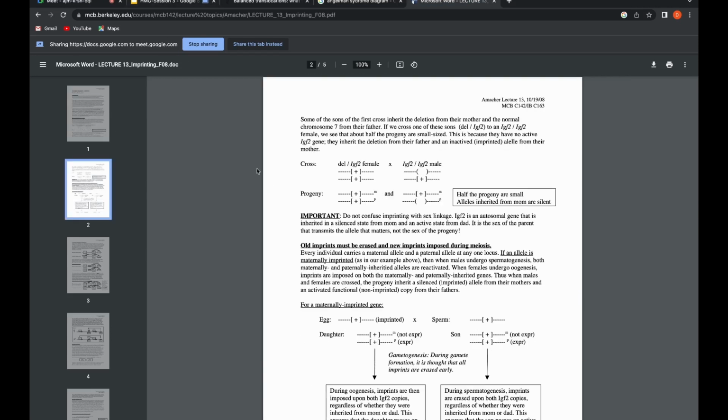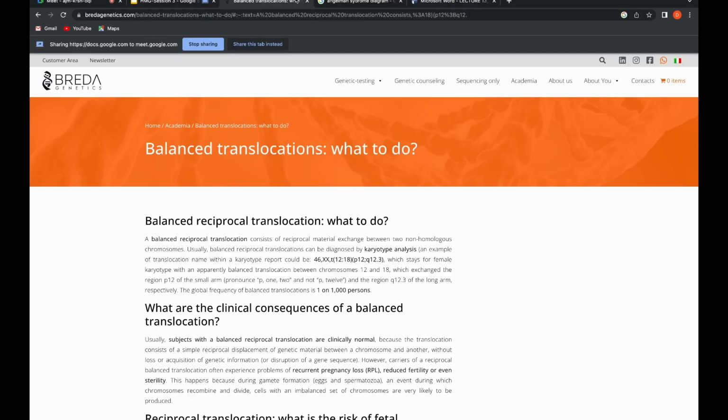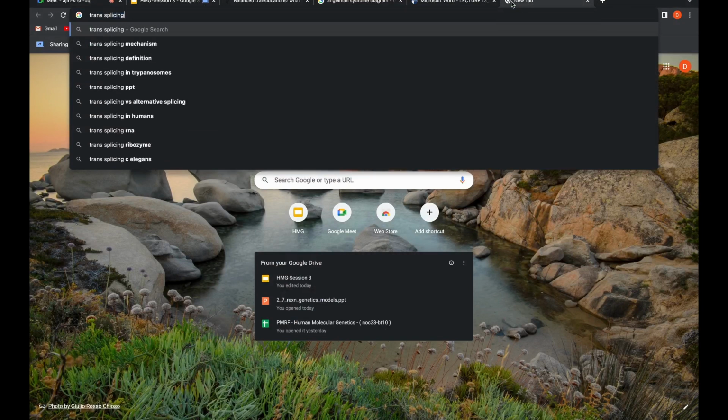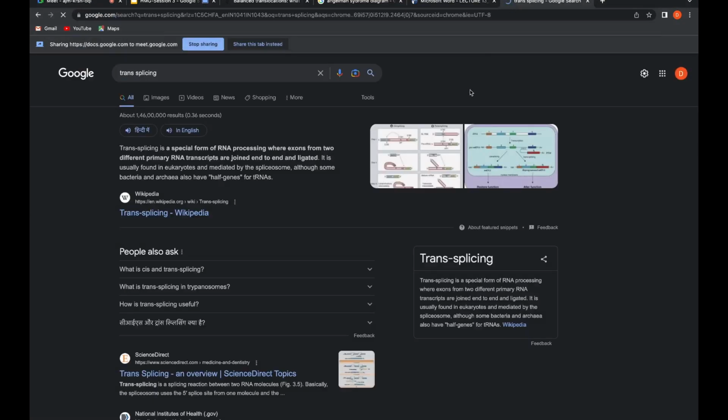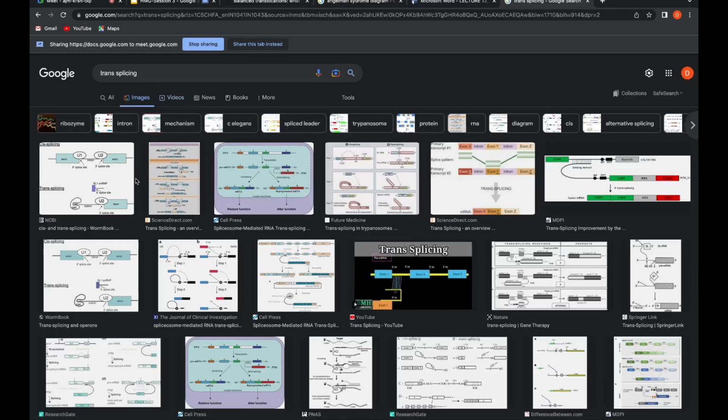Ma'am, what is the difference between trans-splicing and alternative splicing? Okay, wait a minute. I've already defined alternative splicing, but for trans-splicing I'll take one figure if I have.